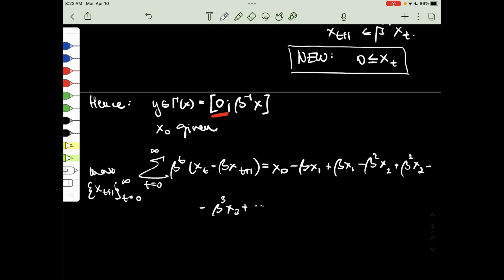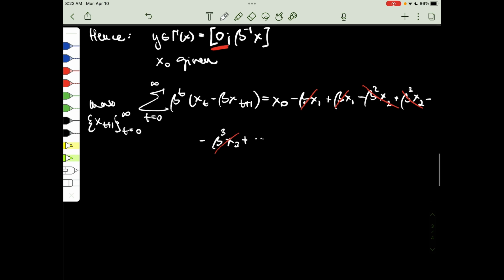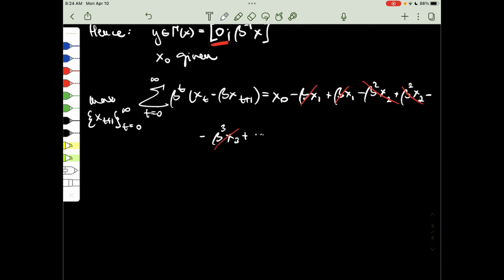Okay, and we can cancel some elements. So in the end, the supremum function is this, because all other elements just fell out. So this is the supremum function.